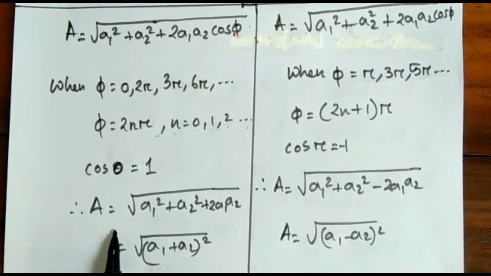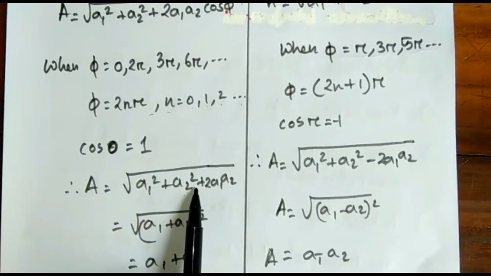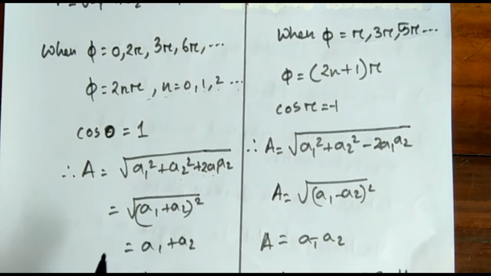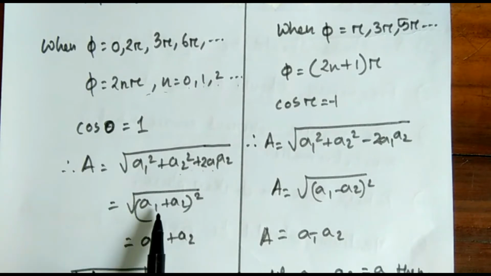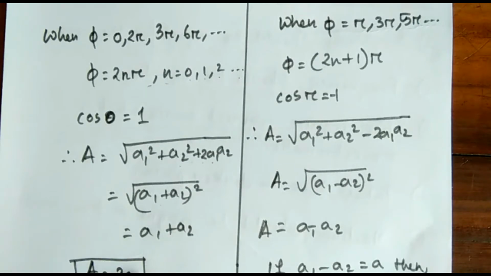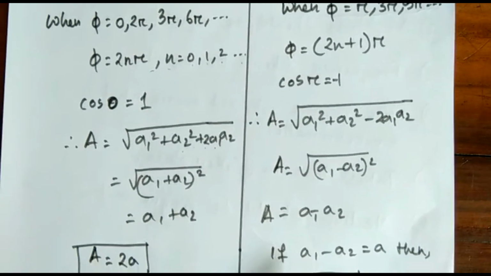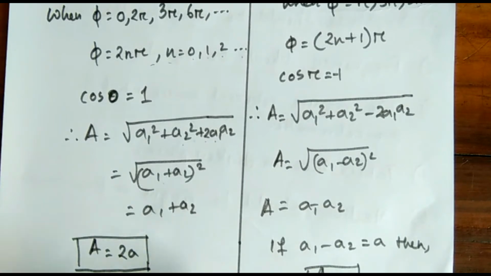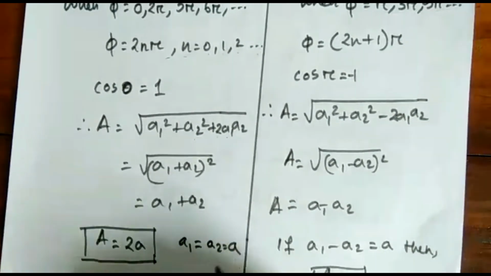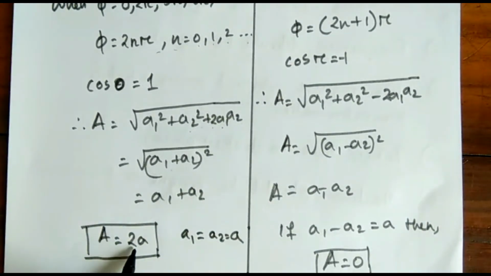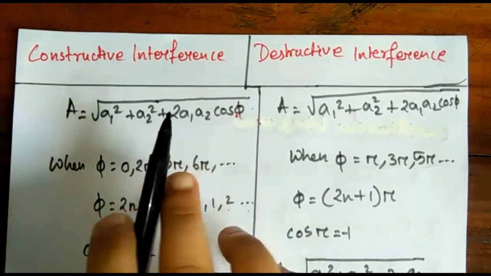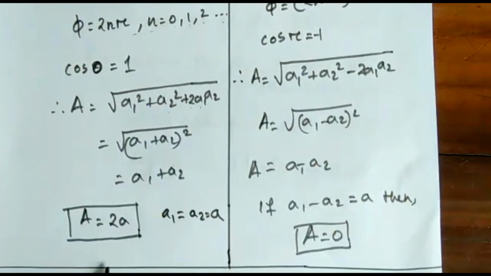So a is root over a1 square plus a2 square plus 2 a1 a2, so a is equal to root over (a1 plus a2) whole square, so it becomes a1 plus a2. And since the phase difference is the same, we can take a1 and a2 as a. So we get the resultant as 2a, which is maximum. So it becomes constructive interference for amplitude 2a.